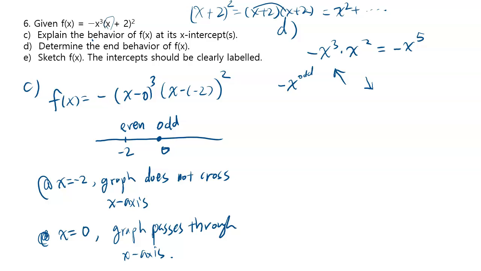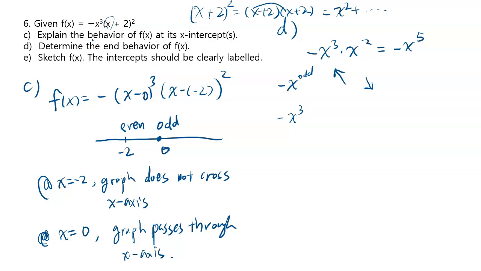Okay. The reason is, just think about some big number, x to some odd number, like 3. If you plug in 100, 100 cubed is 1,000,000. So positive 100 cubed is 1,000,000, but there's a minus, so you get negative 1,000,000. That's a huge, huge negative value. So the end behavior will be going down like that.